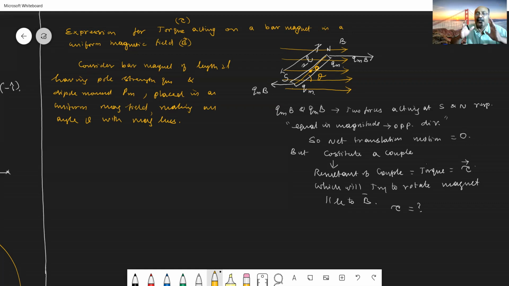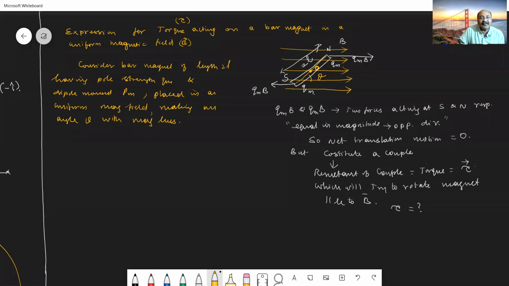That is, the bar magnet won't move along a straight line. But the two forces, equal in magnitude and opposite in direction, constitute a couple and try to rotate the magnet. Since it tries to rotate the magnet, a torque is produced, which will try to align the magnet parallel to the magnetic field. So we have to calculate the torque.